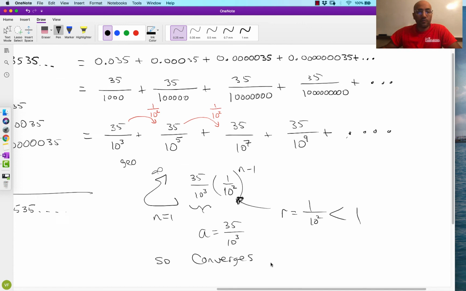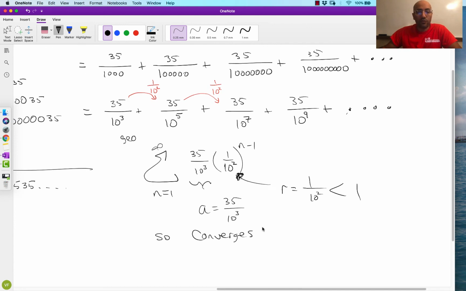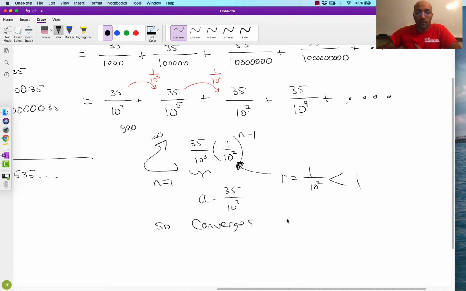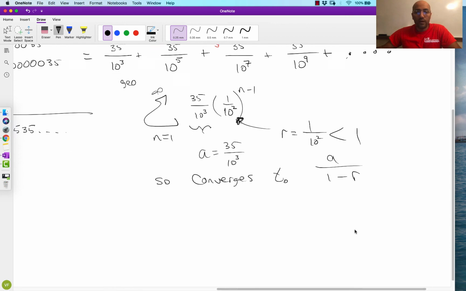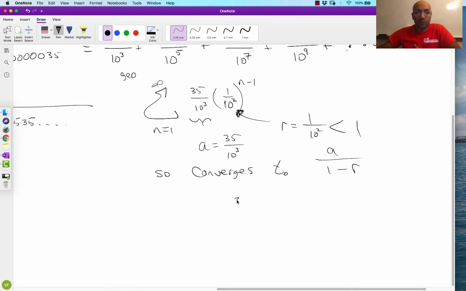And being that it's a geometric series, it converges to, and remember the formula is a over 1 minus r. So in our case, it converges to 35 over 10 to the power of 3 divided by 1 minus 1 over 10 squared.